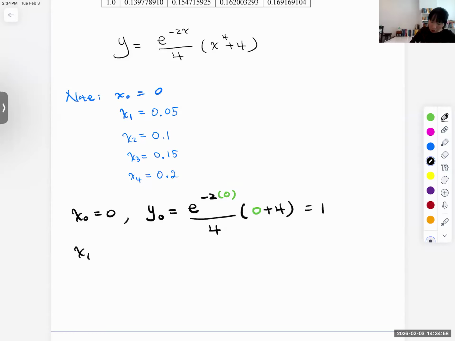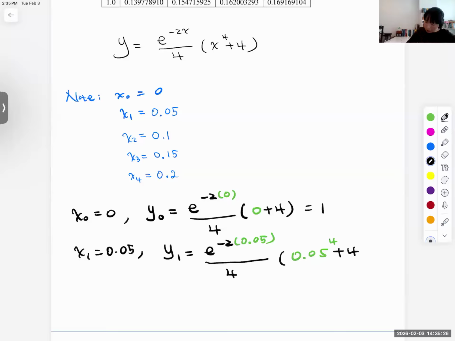When x sub 1 equals 0.05, y sub 1 is e to the negative 2 times 0.05 over 4, times 0.05 to the fourth power plus 4.